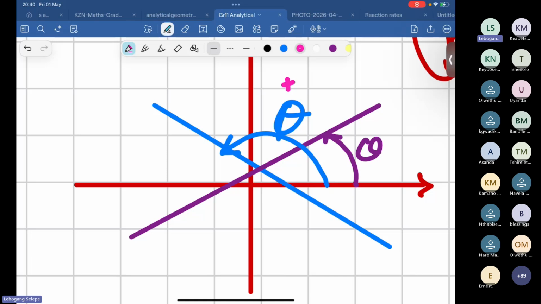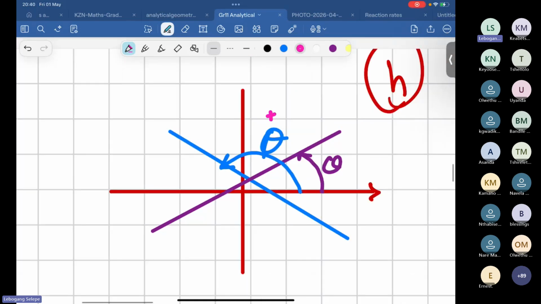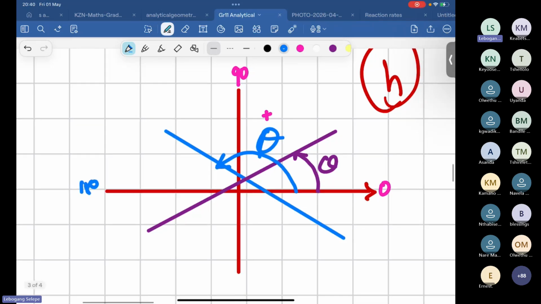That is why our Cartesian plane says 0 and 90 degrees here. It doesn't say 0 and 90 degrees down here because these are negative angles. This would be negative 90. So when we draw angles in an anti-clockwise direction, those are positive angles. Again, 180, 270 like this.